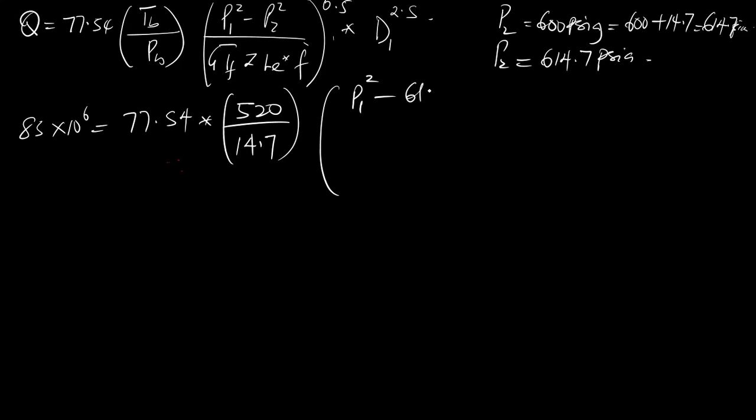So it's 614.7 square divided by G, which is 0.6. The gas temperature is 520. The compressibility factor is 0.85.